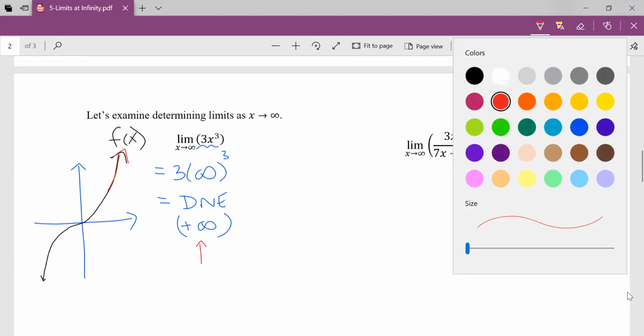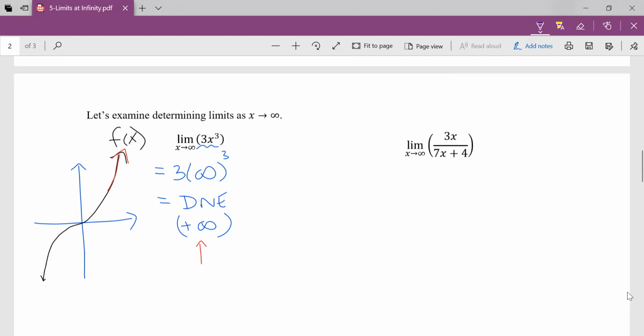Let's try another one. The limit as x goes to infinity of 3x over 7x plus 4. Well, let's try substituting in infinity. What happens here? I get 3 times infinity over 7 times infinity plus 4. What does that equal?